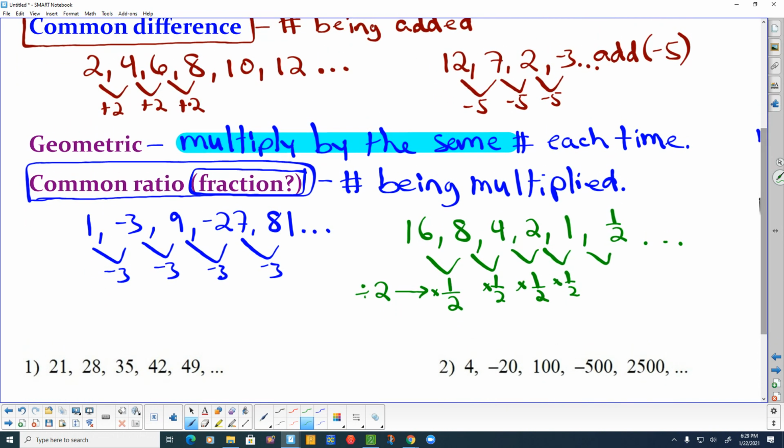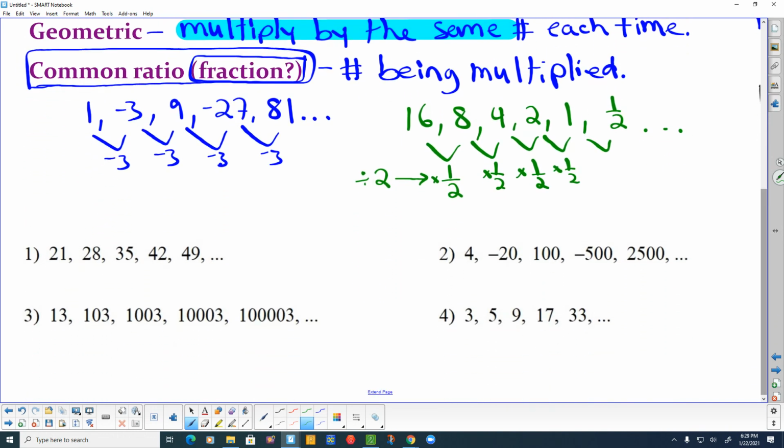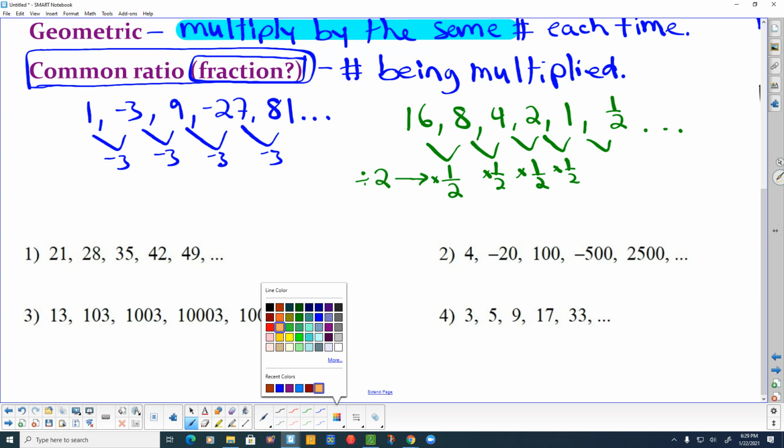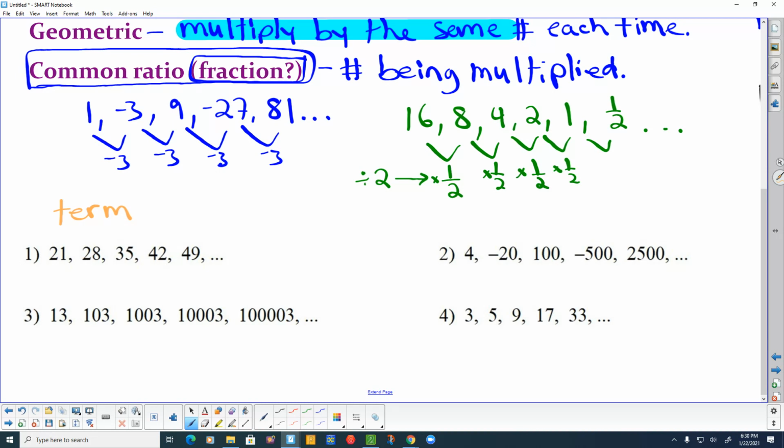So I said I was going to bring up one more vocab word, and that was term. Every one of these numbers in the sequence is a term.